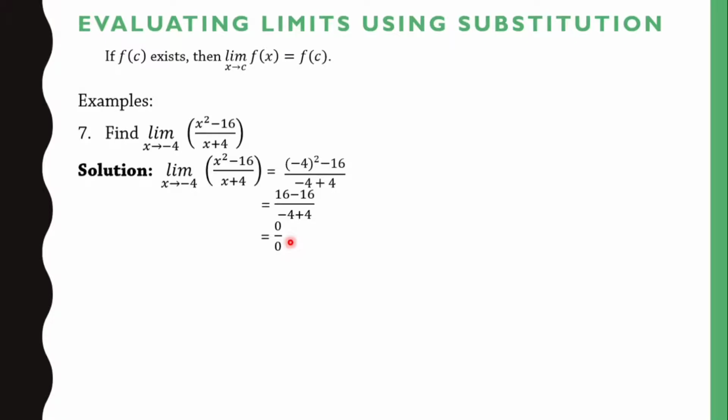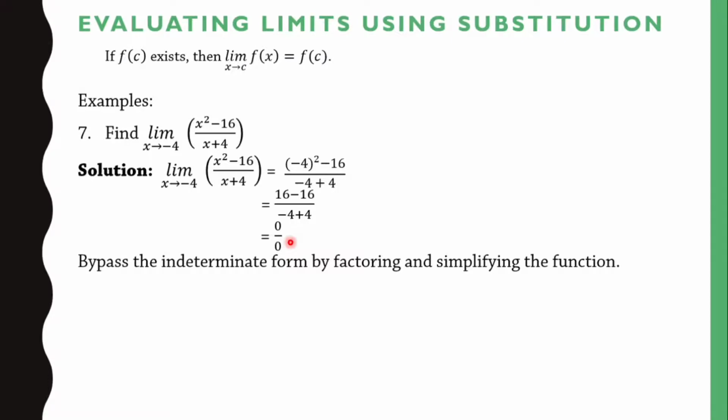indeterminate form. Again, since we get the indeterminate form, we have to bypass it by factoring and simplifying the function x squared minus 16 over x plus 4. Again, we find the factors of x squared minus 16 over x plus 4. So x squared minus 16 could be factored out as x minus 4 times x plus 4.